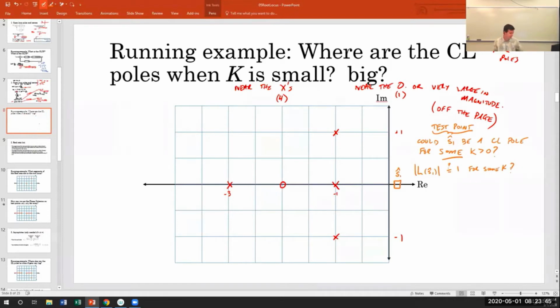What do you think? Do you have a sense for this? Maybe we need to write out the magnitude of L of S. Remember that in this example, we had L of S was k, and then S plus 2 up top, S plus 1 on bottom, S plus 3 on bottom, and then the complex conjugate pair.